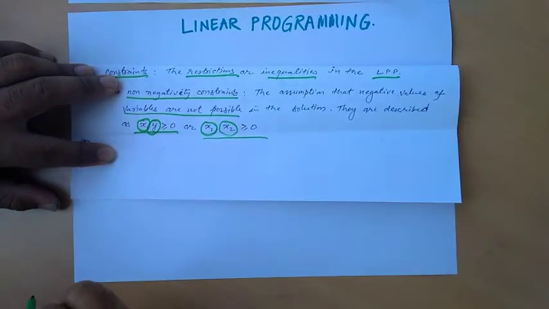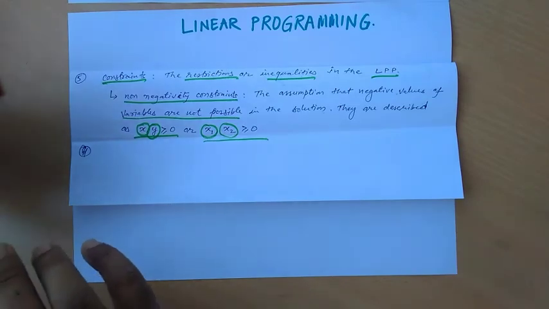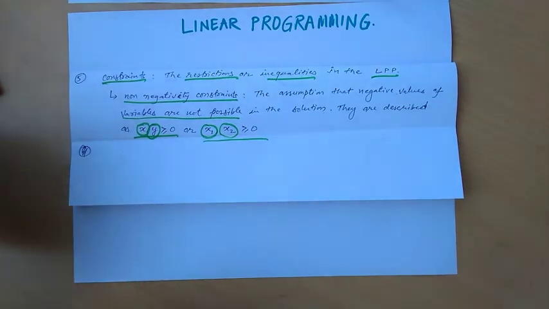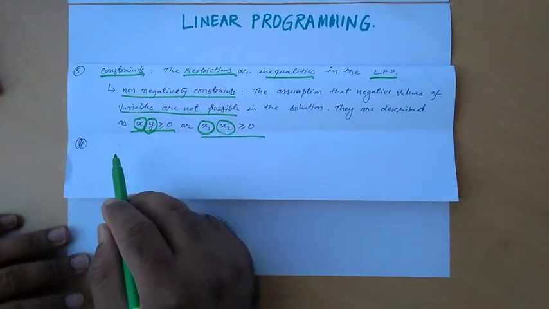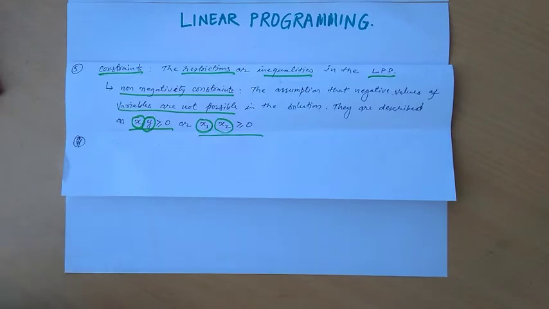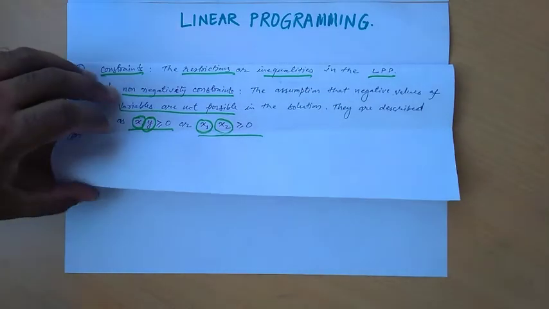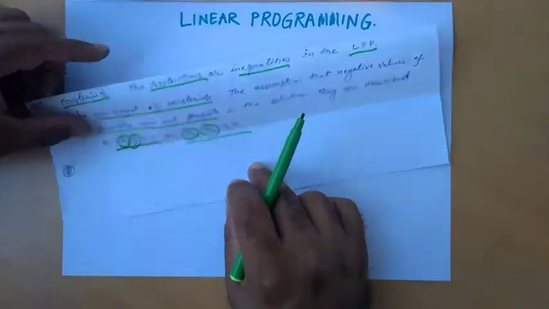That's why they are non-negativity constraints. We are solving some simple problems over here, that's why we are not considering negative values. In engineering you will get different questions which deal with negative constraints, but in CPM you will get some more related questions.